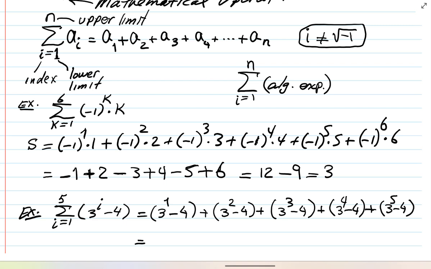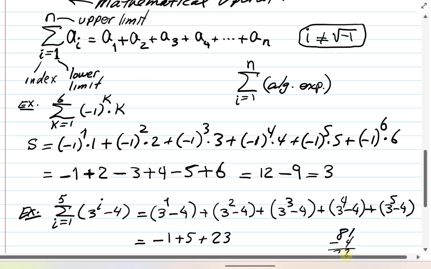And for this one, 3 minus 4, that's negative 1. 3 squared is 9 minus 4, 5. 3 cubed, 27. 27 minus 4 is 23. Next one, 3 to the fourth is 81. 81 take away 4 would be 77. It's going to be plus 77.